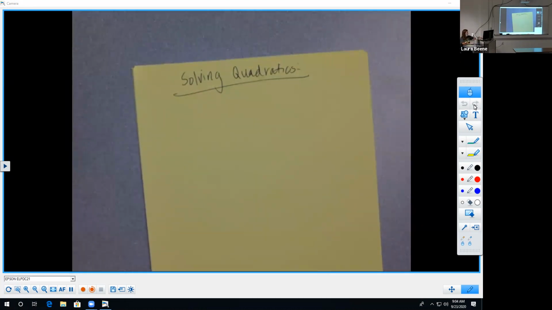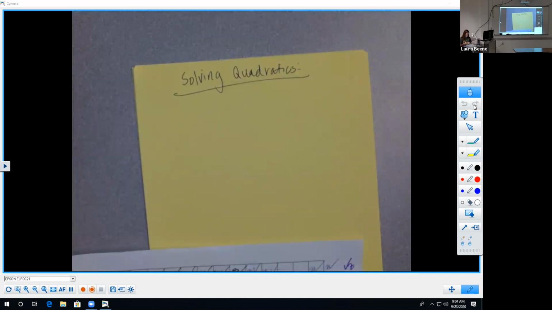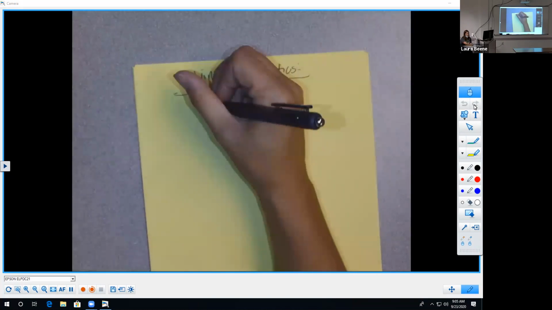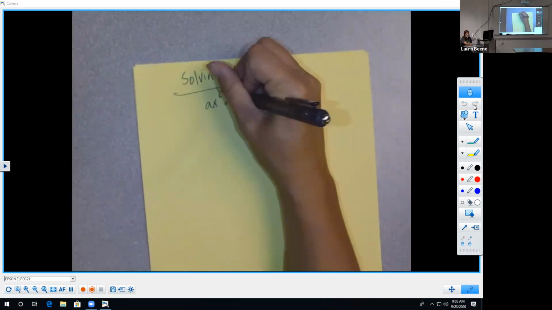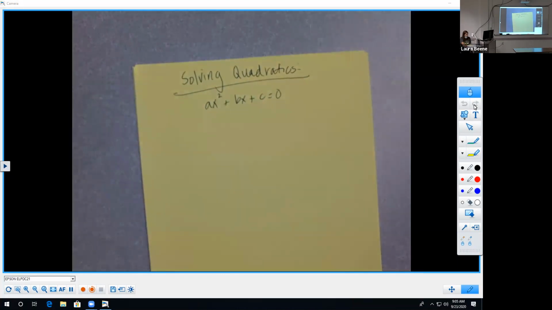So we have learned, first of all, what is a quadratic? Anybody? What's quadratic? It's an equation that has what? An x squared in it, okay? So usually they're in the form of ax squared plus bx plus c equals 0, or we can get them in that form.